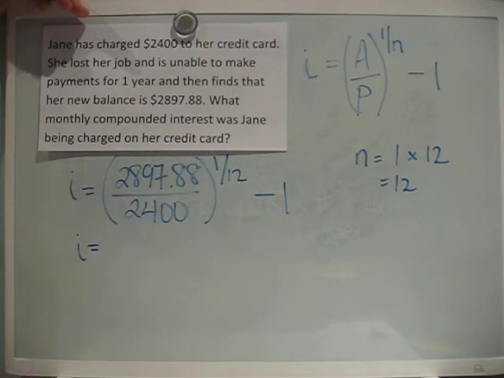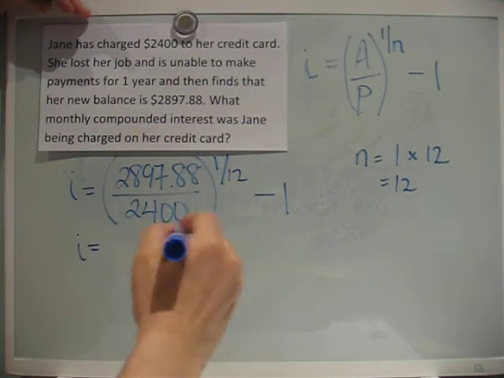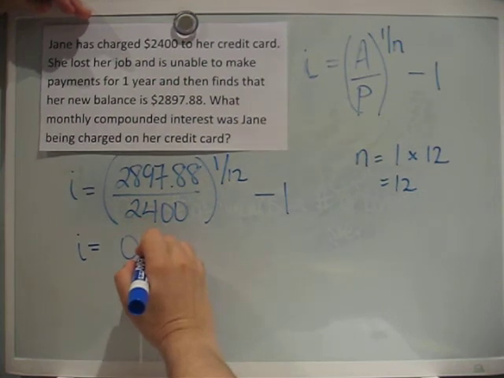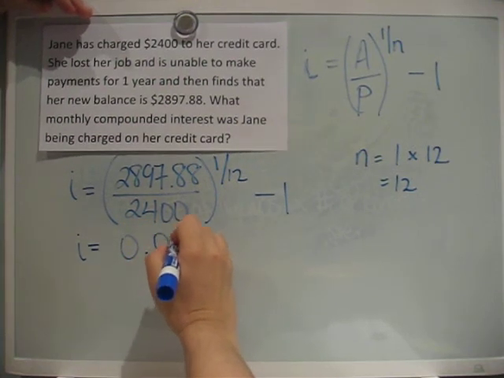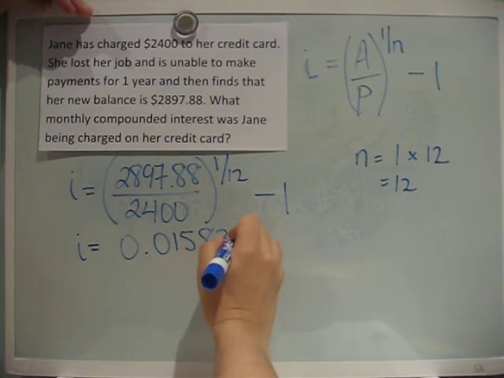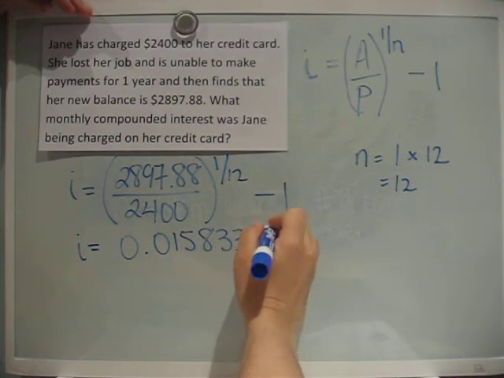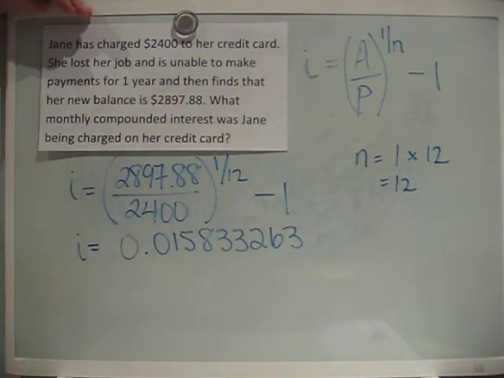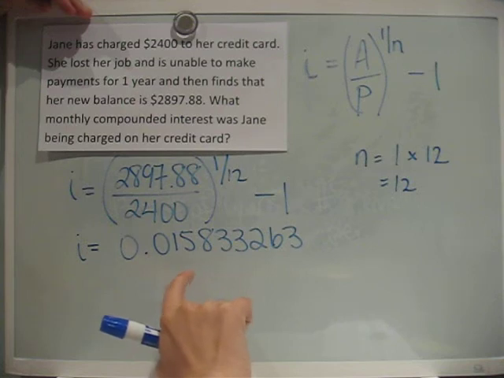Once you've computed the exponent, the last thing you do is subtract 1 from it. Computing this all in the proper order will then give us 0.0158333. Now this is the periodic interest rate, not the annual one.